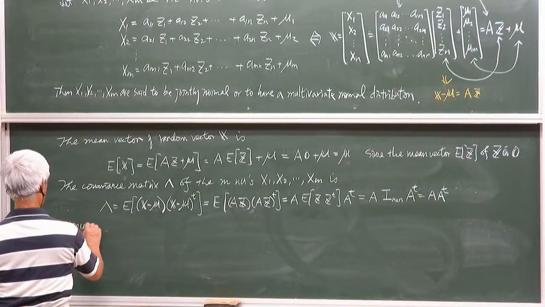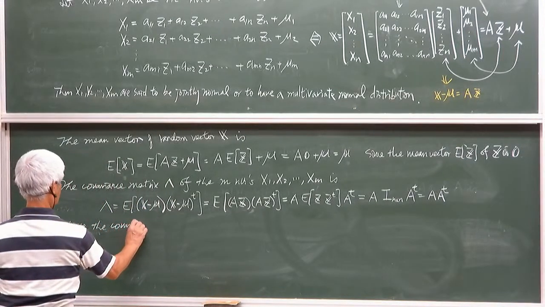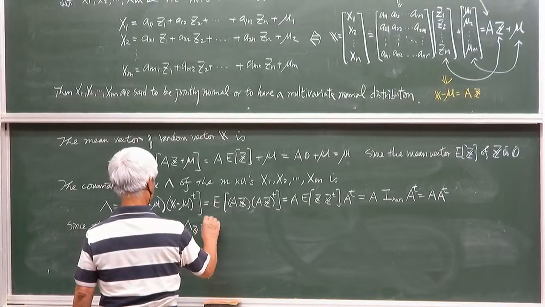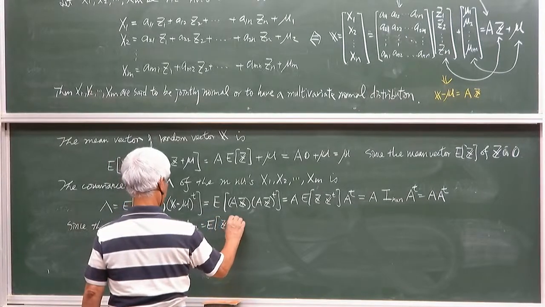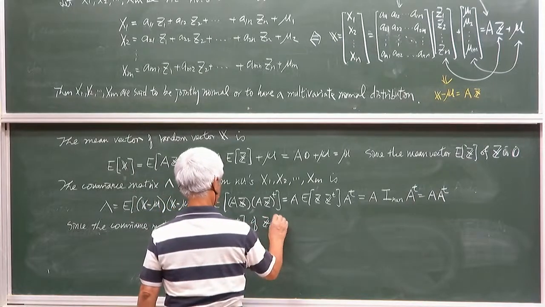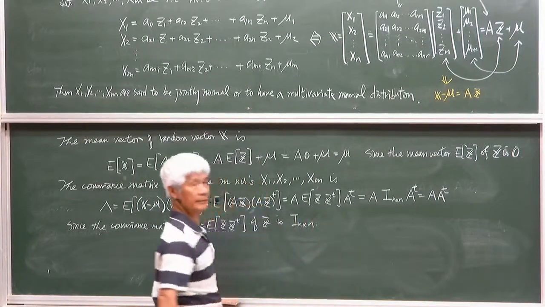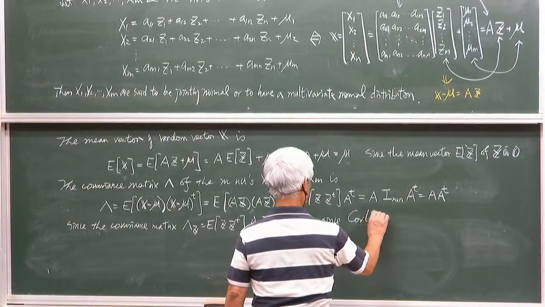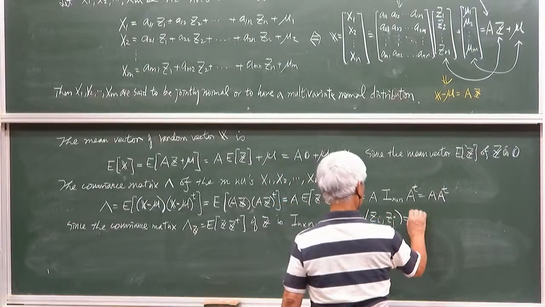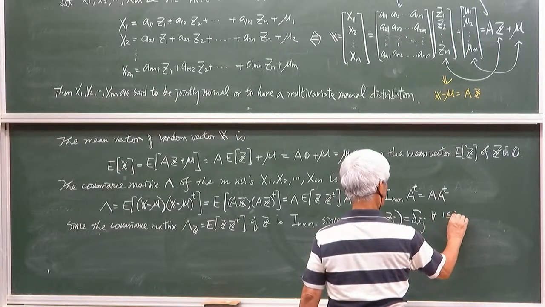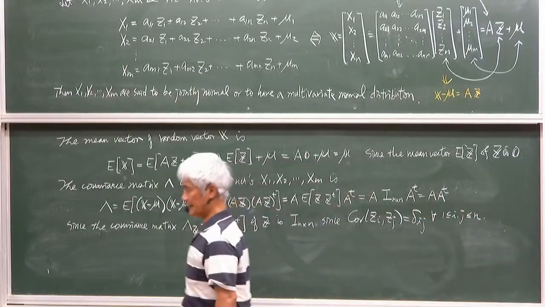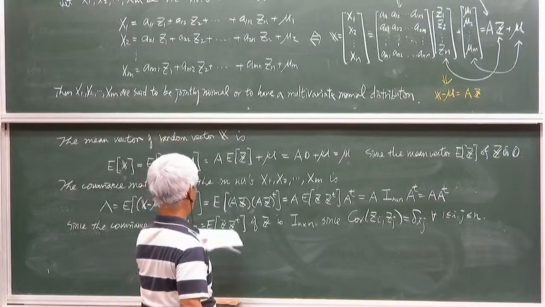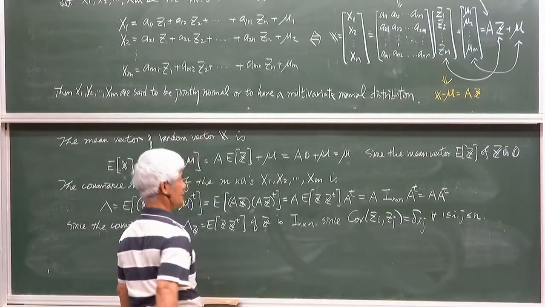Since the covariance matrix is the identity matrix, since the covariance of Z_i, Z_j is equal to delta_ij for all i, j. Because the Z_i's are independent standard normal random variables, the covariance matrix of Z is the identity matrix.